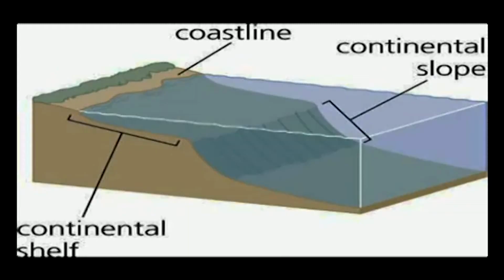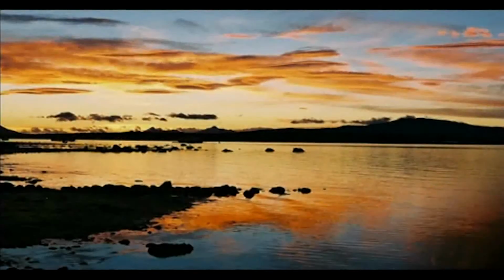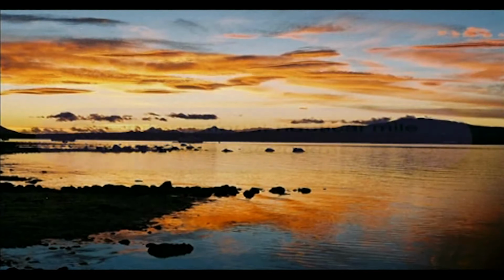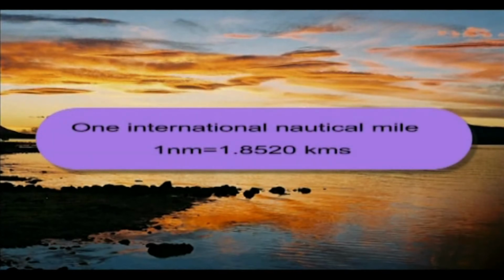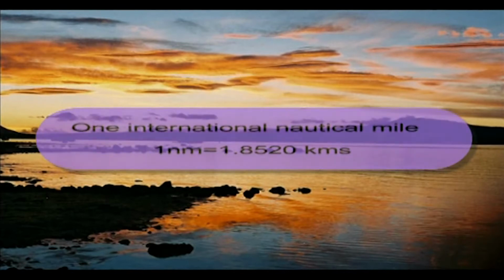Through this, the continental shelf has a legal limit of up to 200 nautical miles from the coastline. You may be aware that one international nautical mile is equal to 1.852 kilometers. This right also gives exclusive rights to all natural resources within that area. Such shores are known as territorial waters.